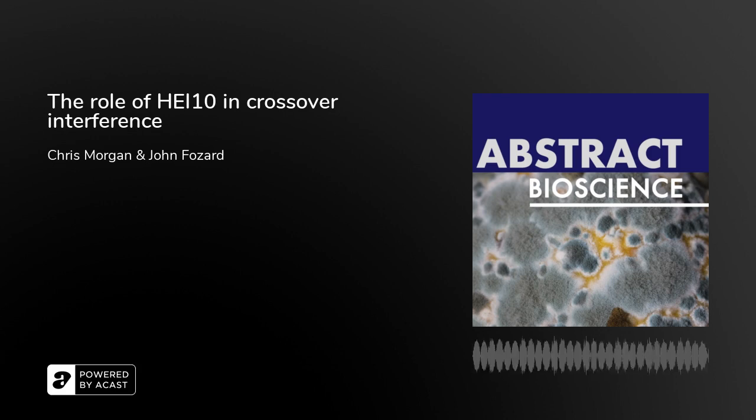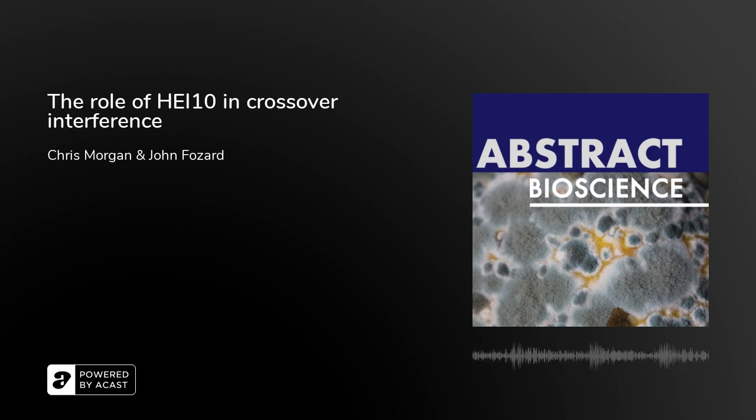Given the conserved nature of high-10 in different organisms, and the fact that most organisms have a version of high-10 that does something similar and also has similar dynamics, people have looked at the behaviour of these other versions of high-10 in different organisms, and they all tend to get loaded along chromosomes, initially seemingly along the entire length of the chromosomes, and then they sort of coarsen down to having a few foci located on chromosomes that then mark the position of crossover sites.